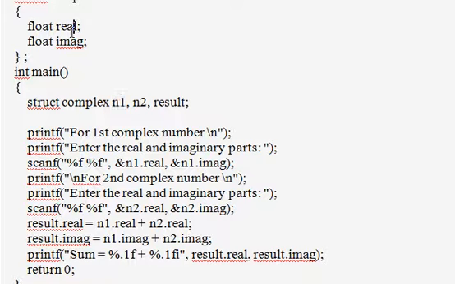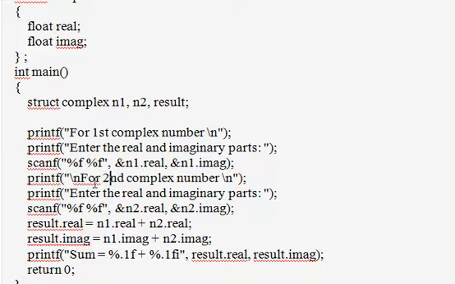The second part will be stored in n1 dot imaginary. So the real part is stored in n1 dot real and the imaginary part in n1 dot imaginary. n1 is the structure variable to store the first complex number.